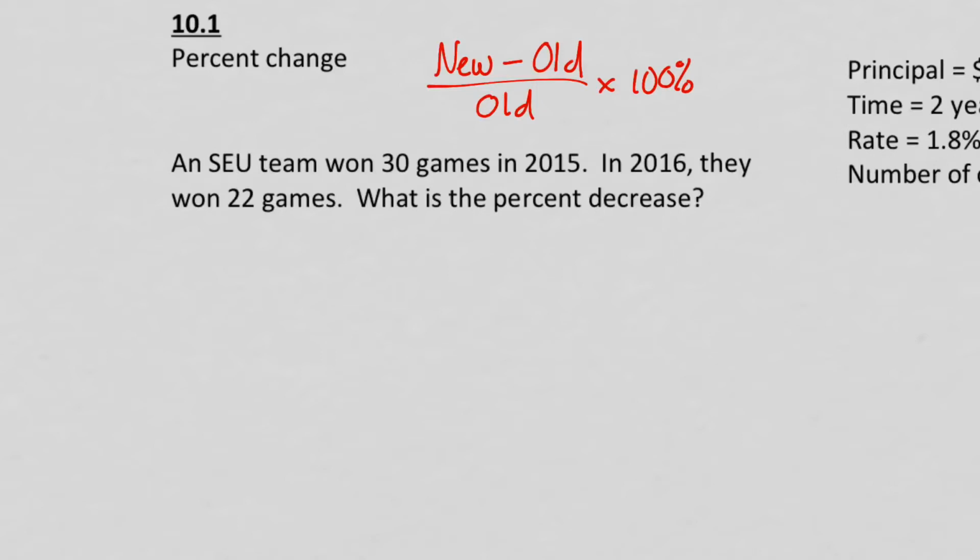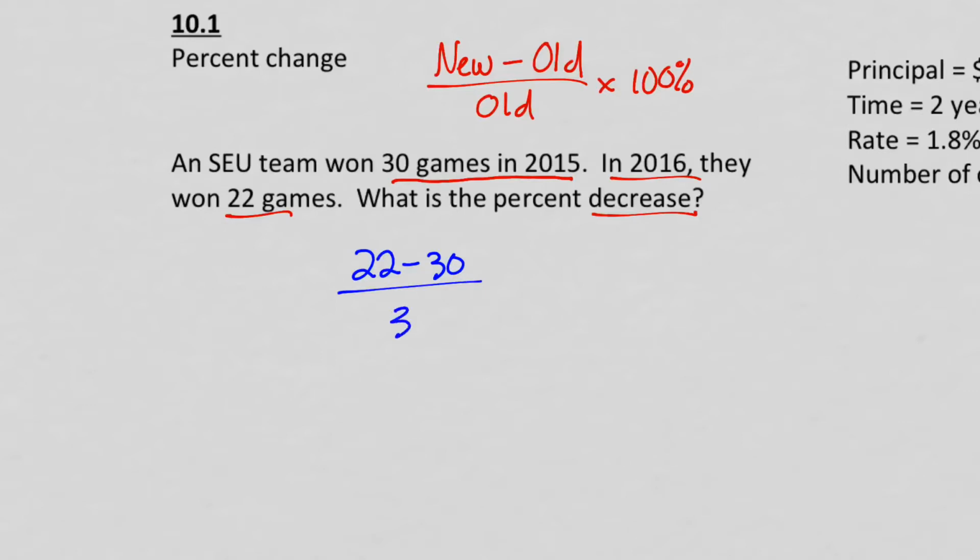So, for example, say an SCU team won 30 games in 2015, and then a year later they won fewer games. They won 22. Okay, so there was a decrease. So we're going to take our new number, which is the 2016 number, and subtract the old number, and then always divide by the old number.